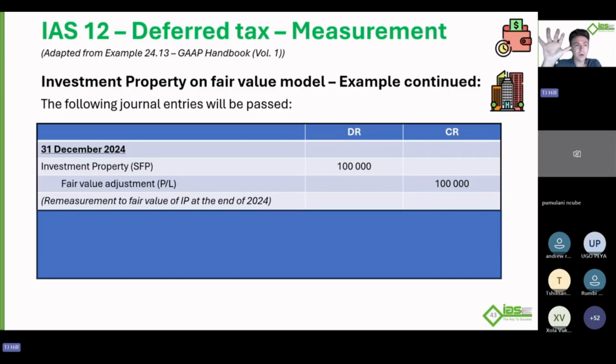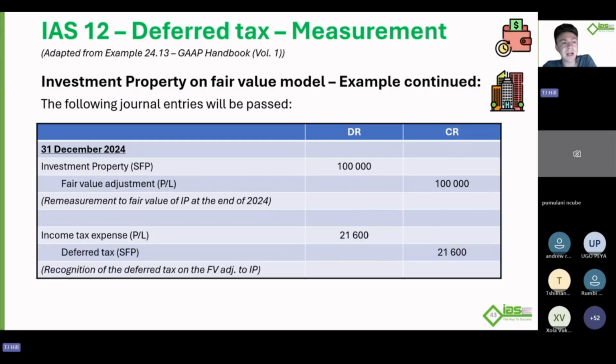But investment property always goes through P&L. Always. So it is going through P&L, which means my tax is going there too. I just calculated the tax. I'm going to then debit income tax expense in P&L. Happy?